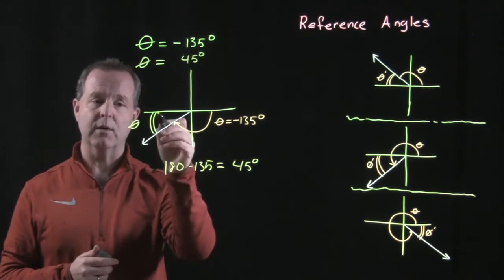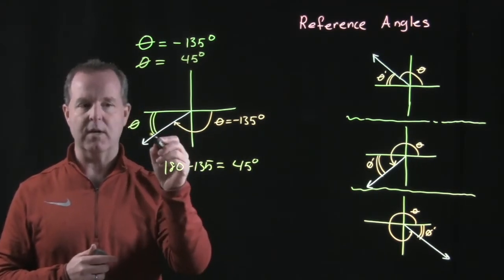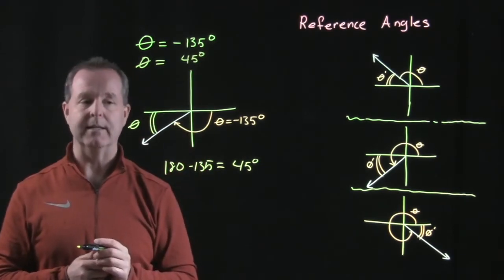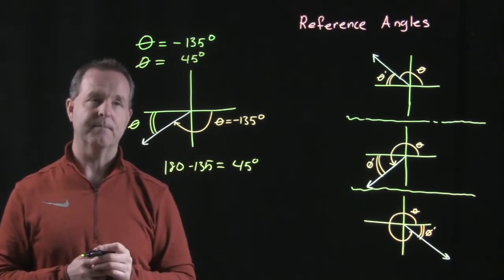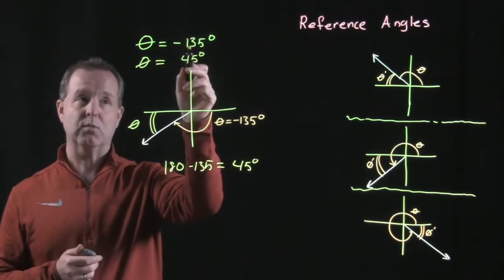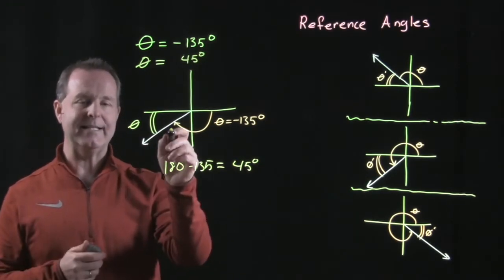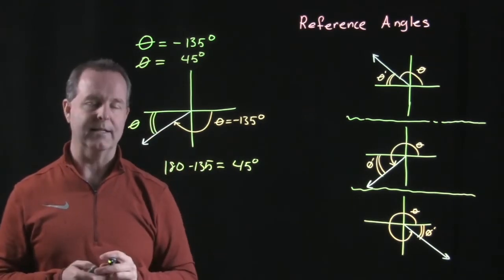I'm just interested in the magnitude of that sweep, not that it's going to have to move in the negative direction. So its reference angle is 45 degrees. Even though 45 plus 135 doesn't add up to 180 here, we're using this idea just to help us understand what its absolute value or its magnitude is.